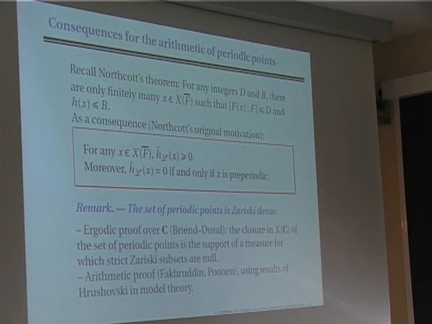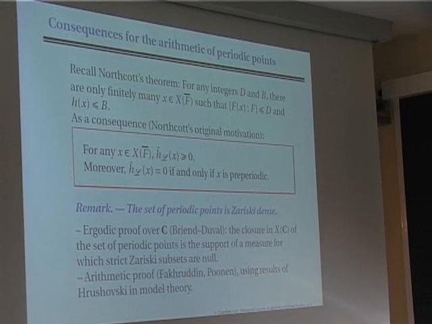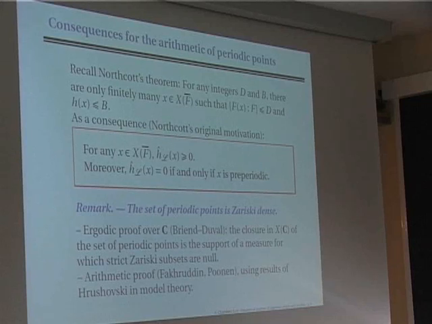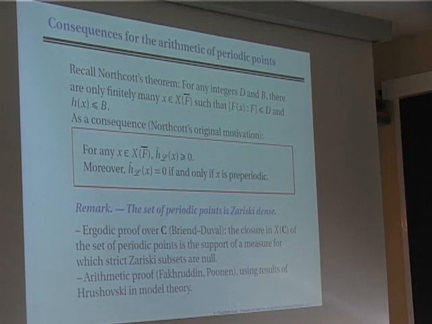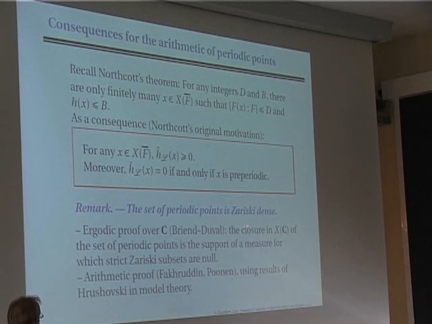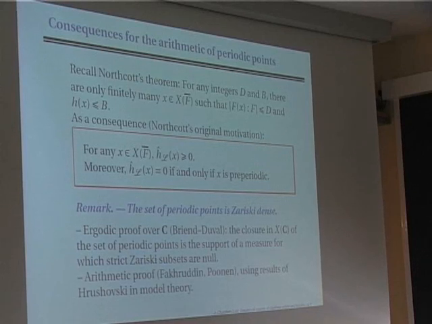So, well, some remarks. The first one is that considering the set of periodic points is considering a large set of points, because the set of periodic points is Zariski dense. I know of two proofs of this assertion. One belongs to ergodic theory, and it is essentially due to Briend and Duval.